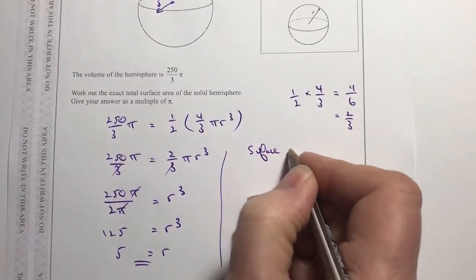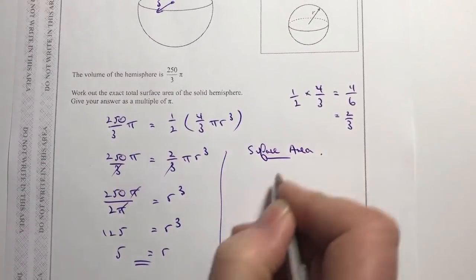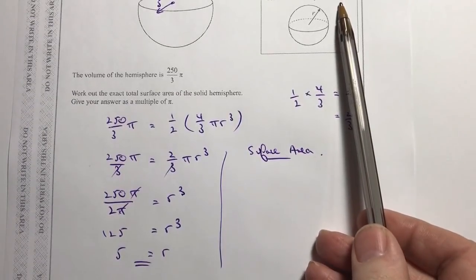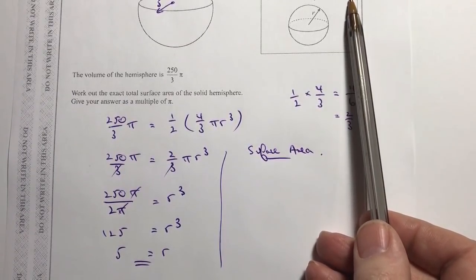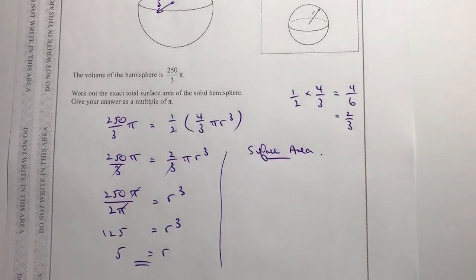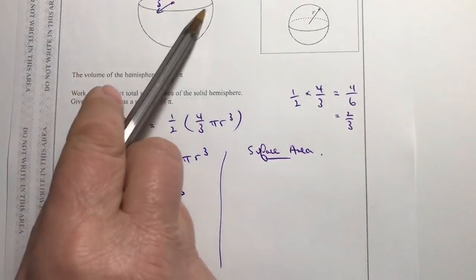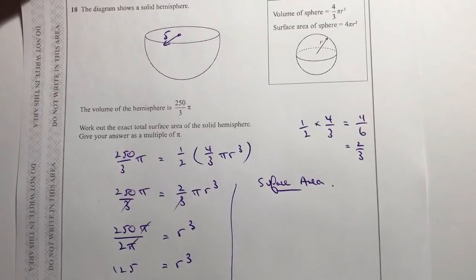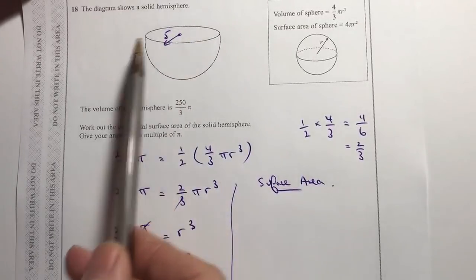So the surface area, well, again, we're given the formula for the surface area of a sphere, which is 4 pi r squared. Now again, don't forget we've got a half of it. So what I'm going to do is put in the circle surface area. Again, don't forget you've got a circle at the very top, so I've got to work out the surface area of that.